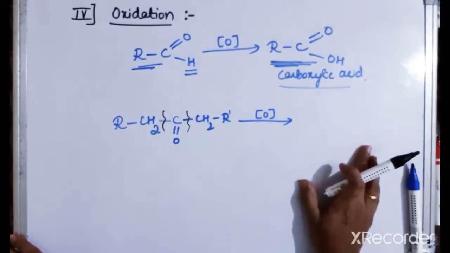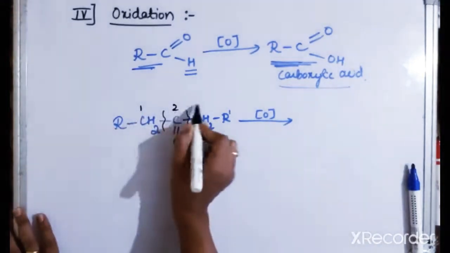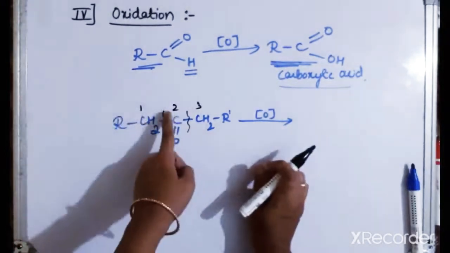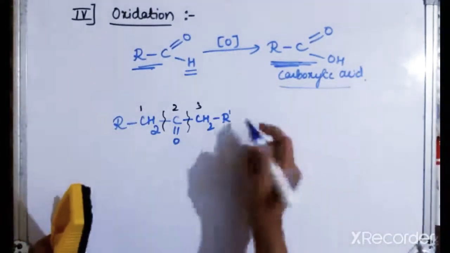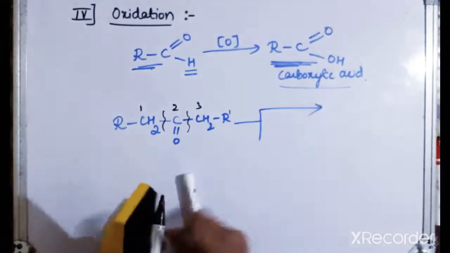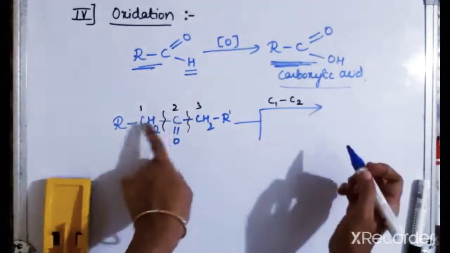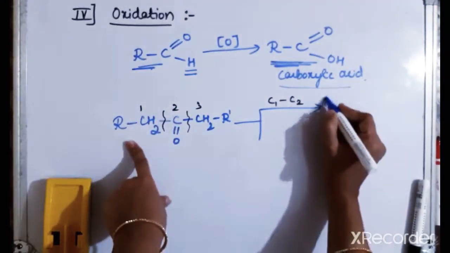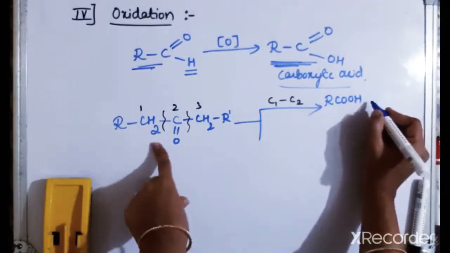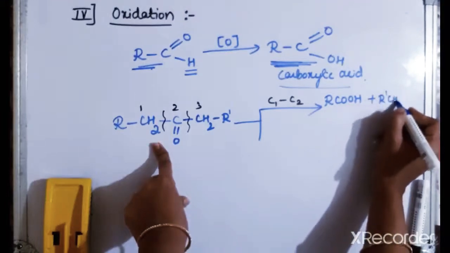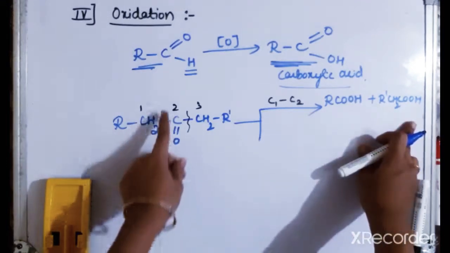If I consider these as the 1, 2, 3 carbon atoms, and the cleavage takes place between the first and the second carbon, then it gives a mixture of carboxylic acids which are represented like this: RCOOH and R-CH2COOH. This will be the mixture of carboxylic acids by the cleavage of the C1-C2 linkage.